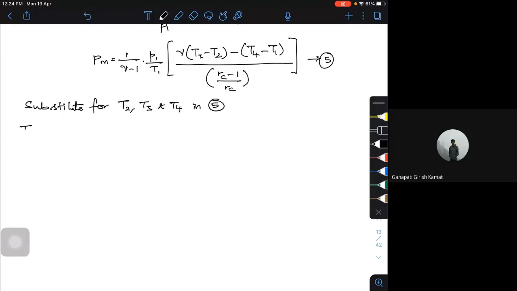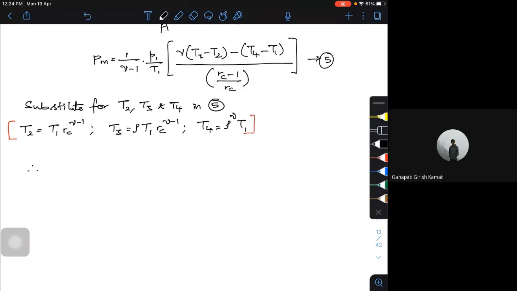T2 is equal to T1 RC to the power of gamma minus 1. T3 is equal to rho into T1 RC to the power of gamma minus 1. T4 is equal to rho to the power of gamma into T1. This is an extra thing, I'm writing it so you can remember it. Now let me substitute one after the other.